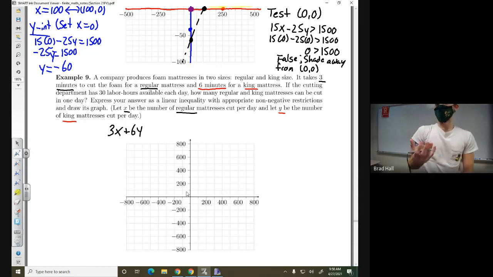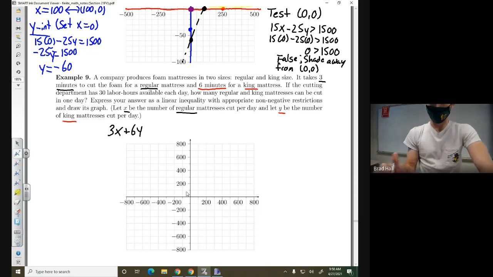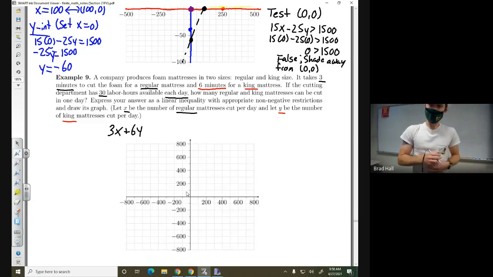Additionally, well, this is not complete. What sort of equation or inequality do we have? If the cutting department has 30 hours available each day, as you would imagine in this section, we should have nothing but inequalities.